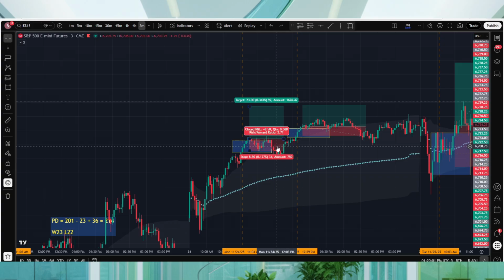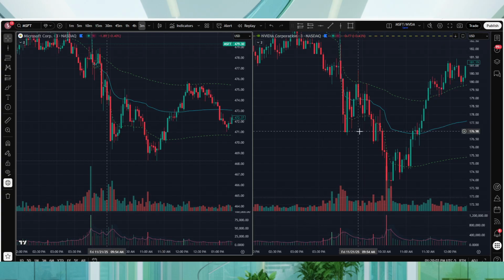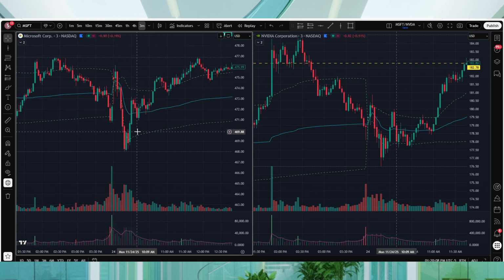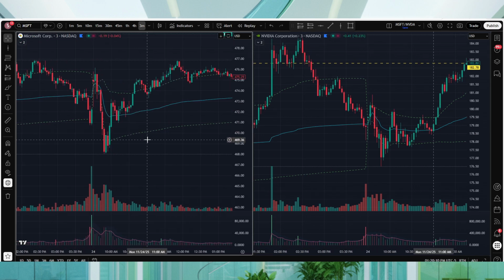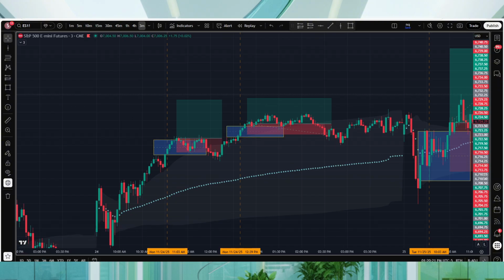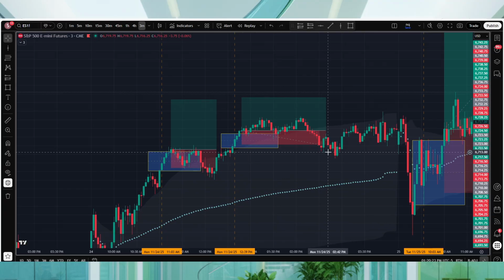Oof, a couple of losses here. So on November 24th, our first trade is here at 11:03. You get a loss of 8.5 because the box is 8.5, right?